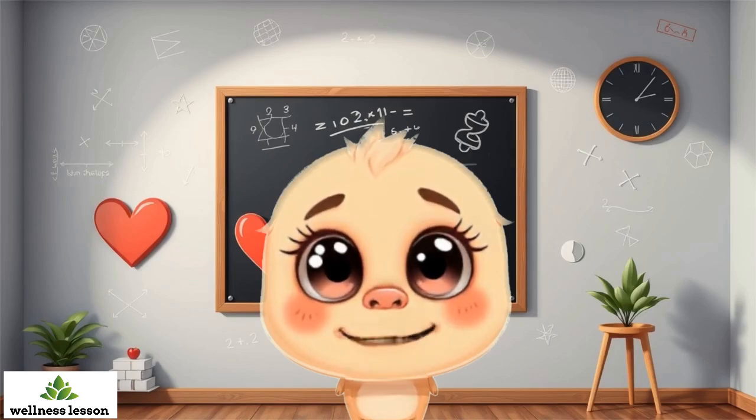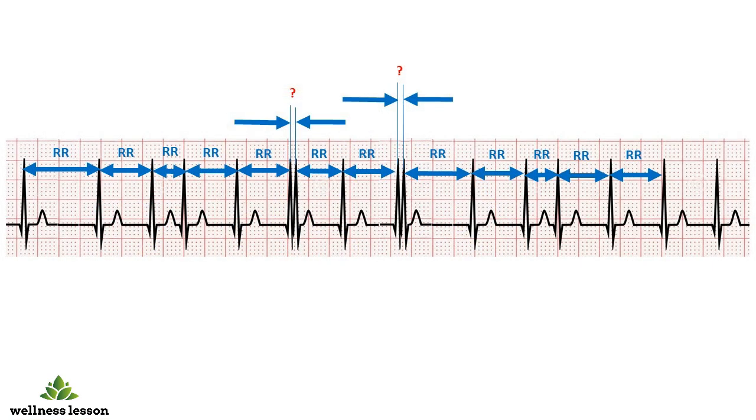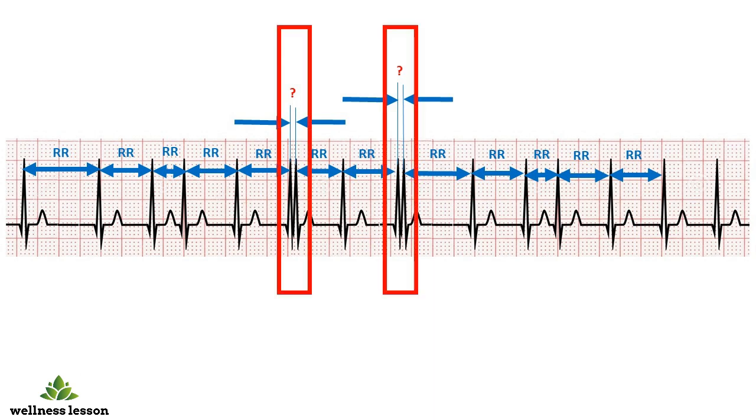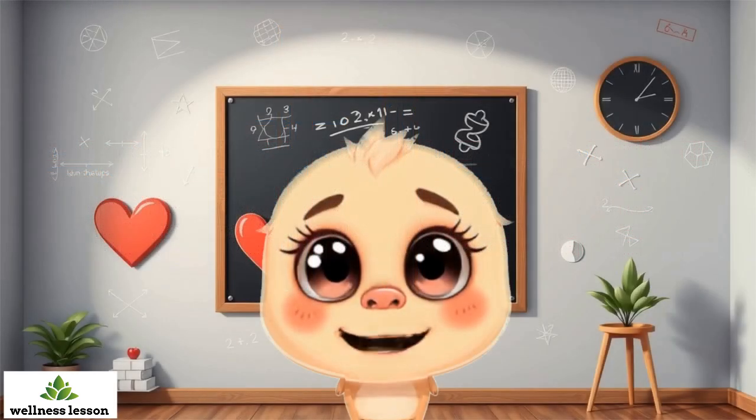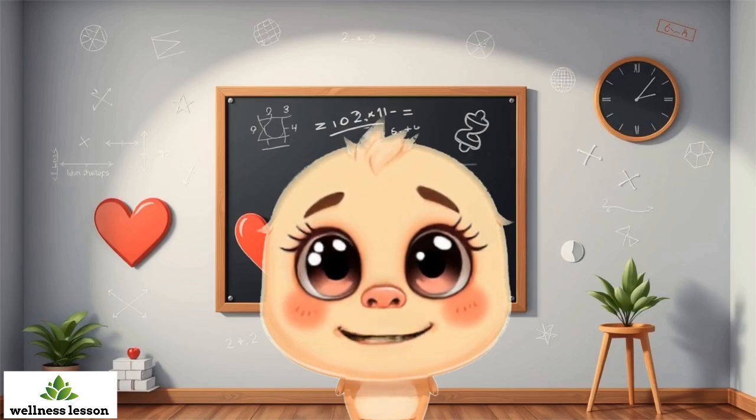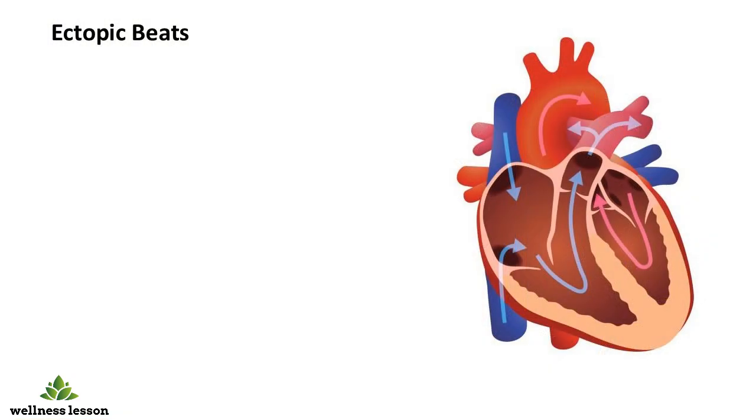I explained RR as the time interval between two consecutive R-wave peaks. While many RR intervals reflect normal heart rhythms, some can be anomalous due to various factors, which can impact HRV analysis. It has several causes. It could be ectopic beats. These are heartbeats originating from abnormal electrical activity outside the sinoatrial node.